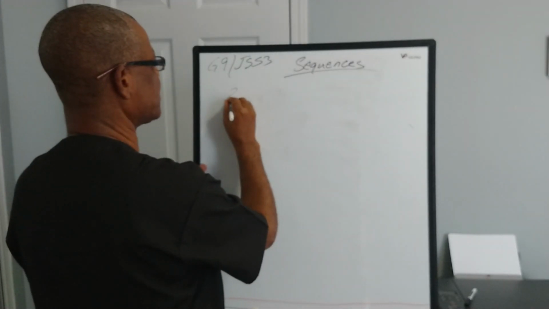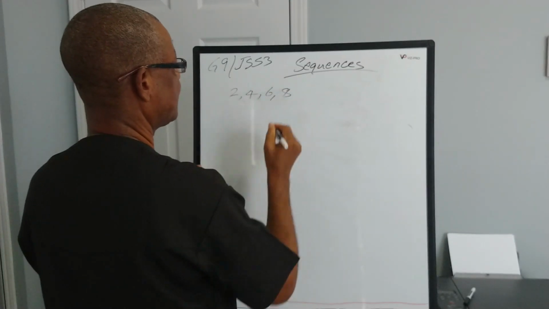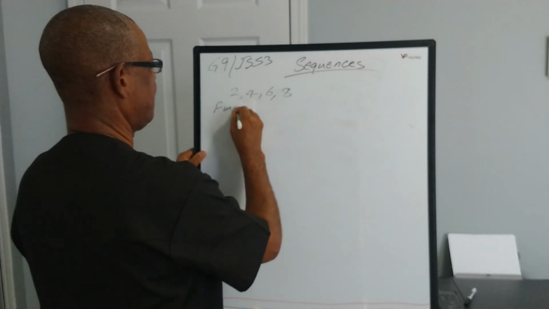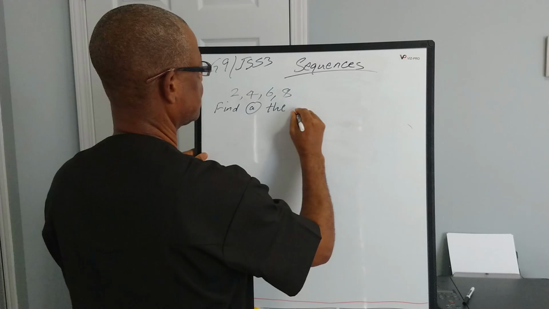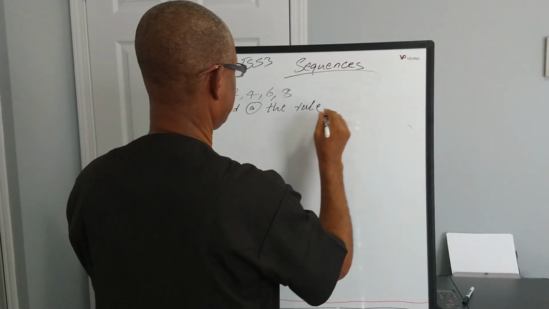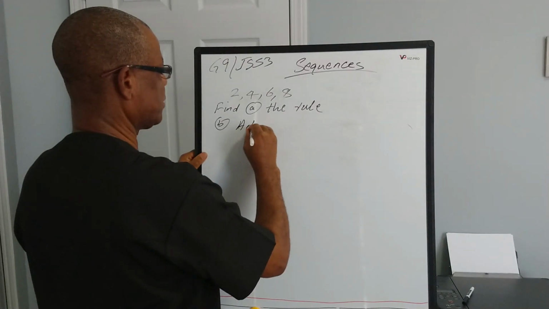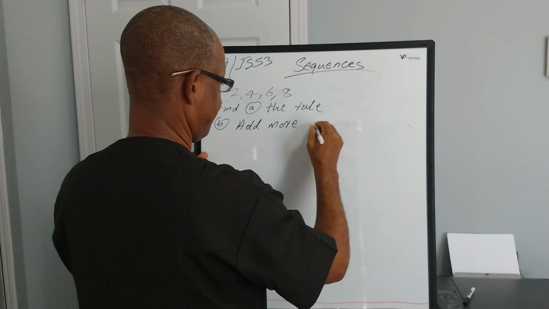Let's use the one we have used previously: 2, 4, 6, 8. And the question says, find A, the rule of the above sequence, and B, add more 3 terms.